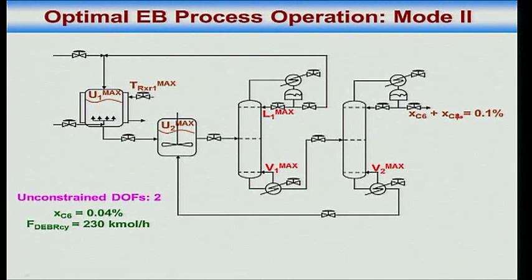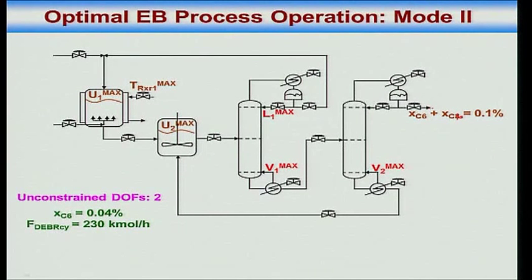But as I am doing that, XC6 is becoming more stringent, is becoming smaller and smaller. That means I am allowing lesser and lesser amount of benzene to leak down the recycle column, the first column. So if XC6 is becoming tighter, V1 max is fixed, there will come a stage when the feed to the recycle column will have to decrease in order to not let benzene leak out.